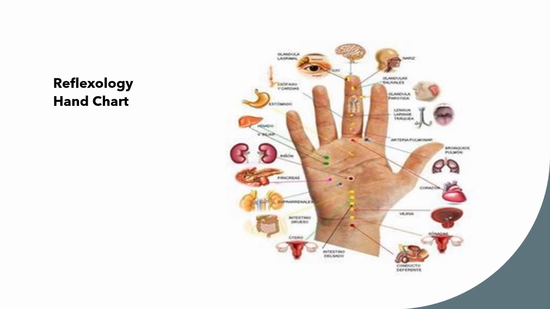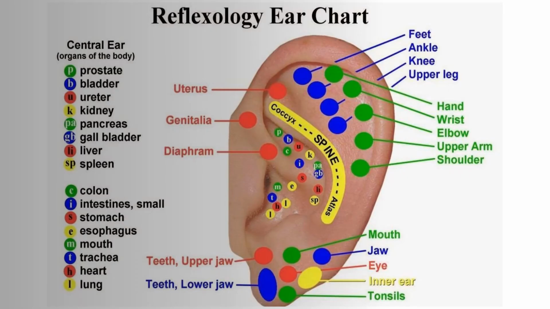This is a reflexology hand chart. And of course, this is the Reflexology Ear Chart. And this one, just as the hand chart, is similar to the one that is in your Reflexology Quick Reference Guide.